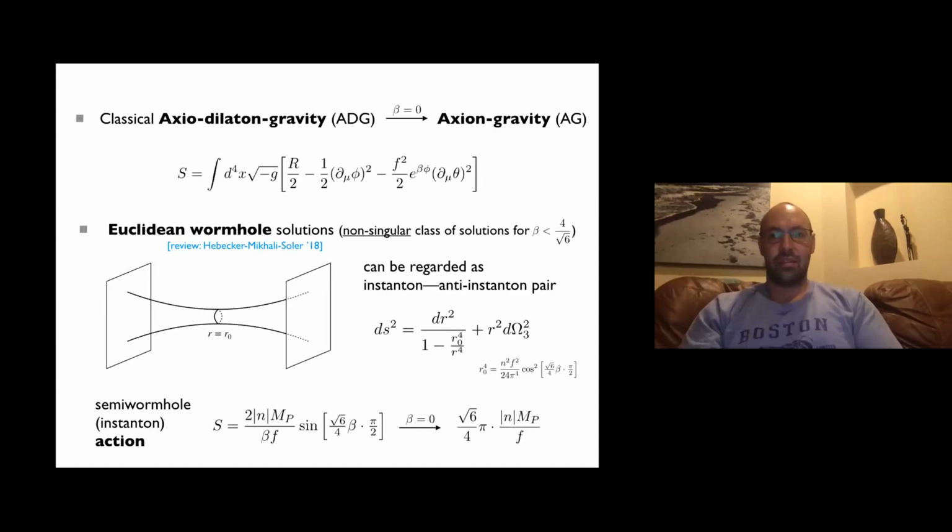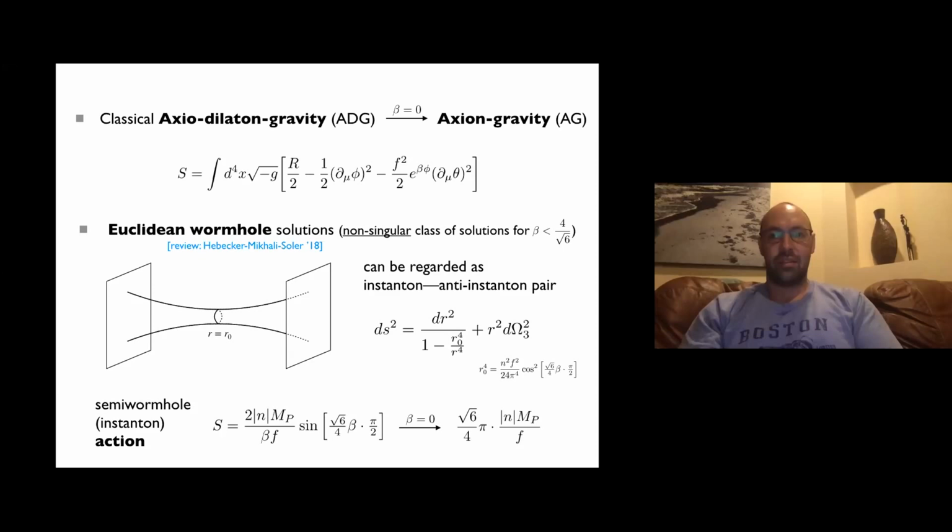So briefly, the setup we take is the following. We take an axion-dilaton-gravity theory, and we add higher order correction in the form of 4 derivative corrections. So the classical system is the following. We have the Einstein-Hilbert term, the dilaton kinetic, and the axion kinetic terms.